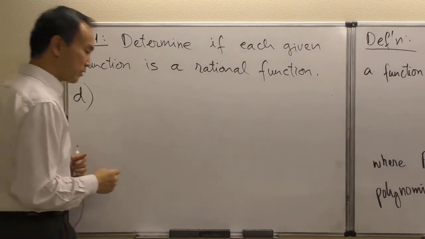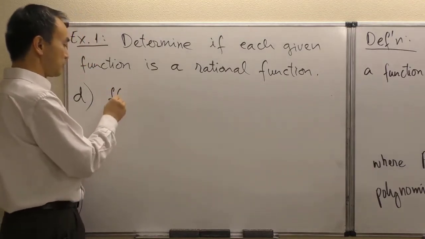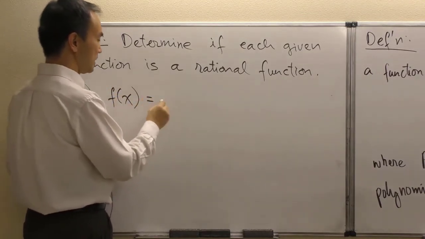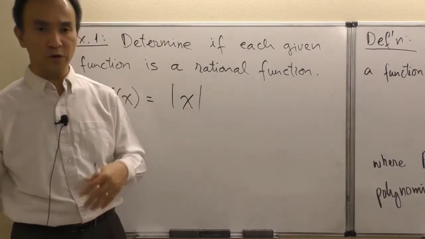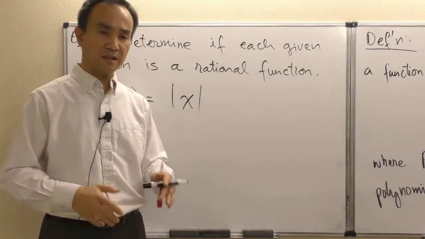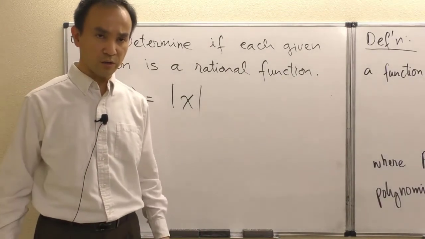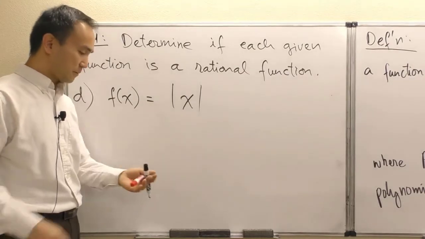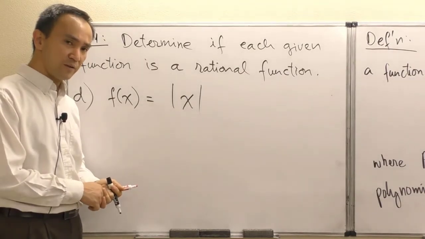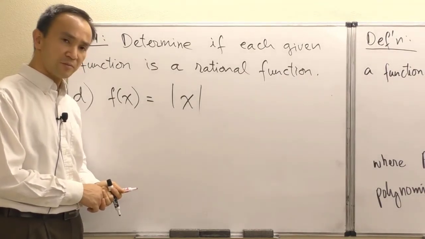The one I'm about to write on the board is part D. Now, absolute value of x, one among your toolkit functions, quite a familiar function. f of x equals absolute value of x. We've seen this function before.